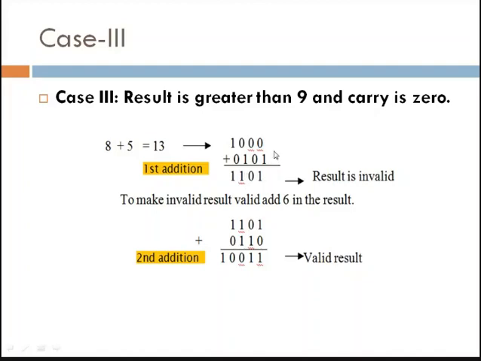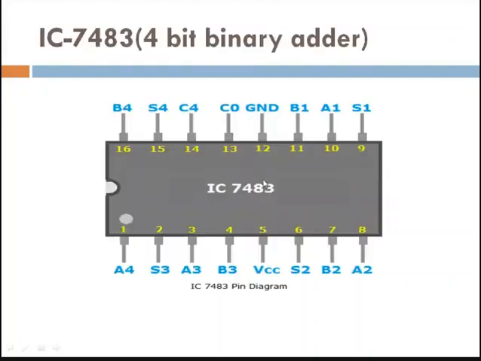So out of 16 pins, if you calculate, 12 pins are for the inputs and the outputs: 8 pins for the inputs and 4 pins for the outputs. Now you can check, for this particular IC there is no sequence followed for the input and output bits. You need to understand the pin configuration of this 7483 IC.